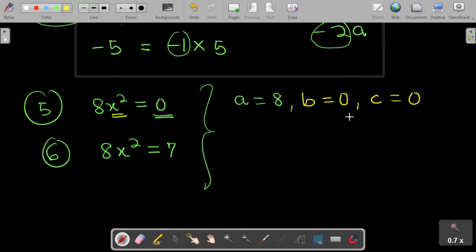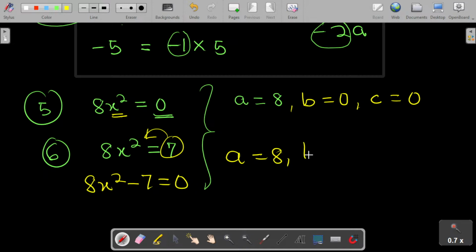And then for number 6, you need to first of all take this 7 to the other side. If you take it to the other side, you will get 8x squared, 7 coming over will become -7, equal to 0. And so your A will still be 8. Your B will now be 0. There is no x.